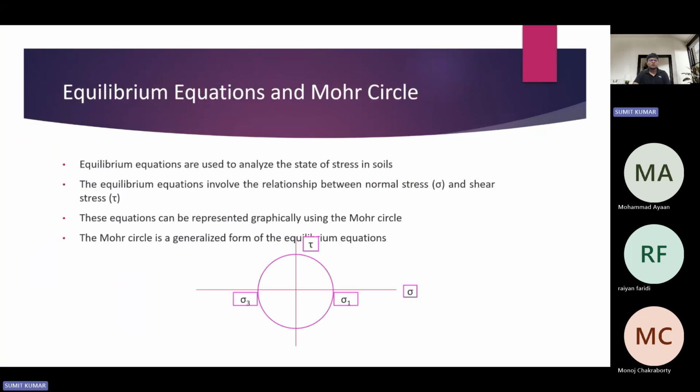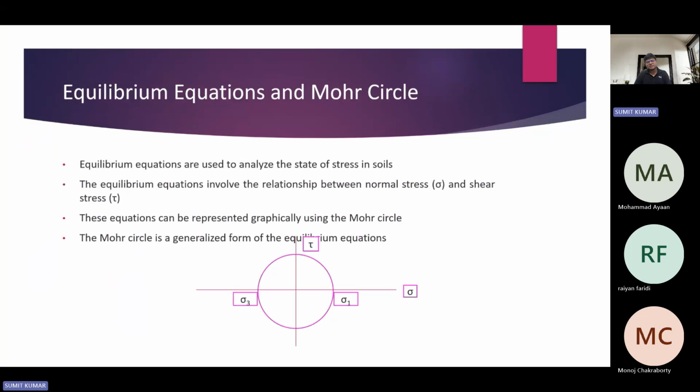Over here, you can see the Mohr circle is also plotted for the same, and the equilibrium equations are used to analyze the state of stress in the soil. The equilibrium equations involve the relationship between the normal stress sigma and the shear stress tau, and these equations can be represented graphically using the Mohr circle. As you see over here, the Mohr circle is generated from the equilibrium equations.